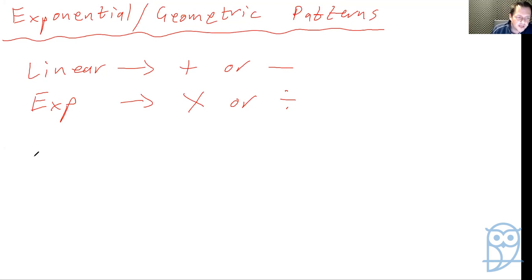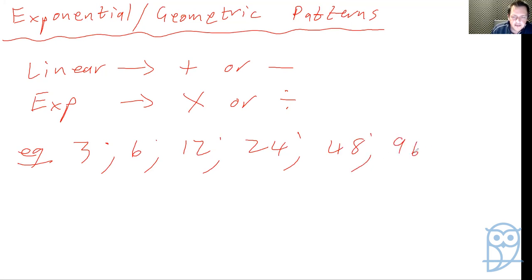So therefore, I could have a pattern like the following: 3, 6, 12, 24, 48, 96, etc. Now, if I'm just giving you this pattern, you don't know if it's linear, you don't know if it's exponential, you don't know if it's quadratic.